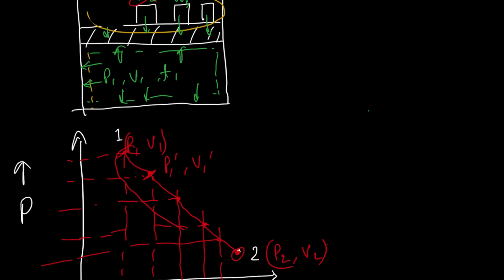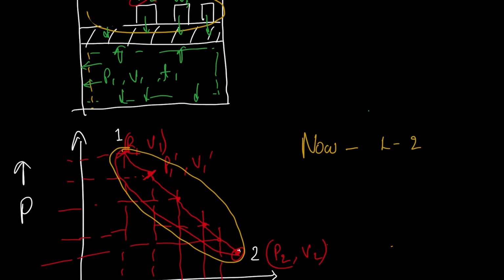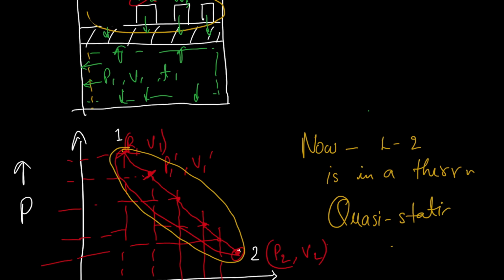And now I can say this process 1 to 2 is in thermodynamic equilibrium, and is a quasi-static process, because all the paths in between are at thermodynamic equilibrium with the surroundings. So that's what a quasi-static process is.